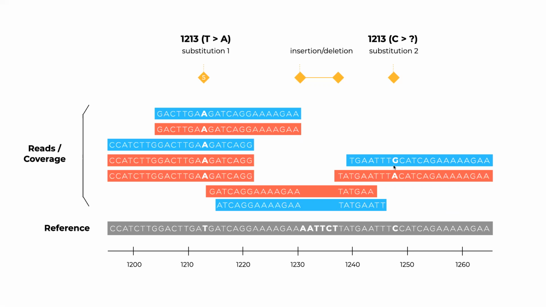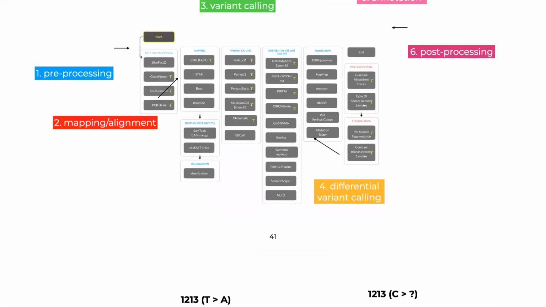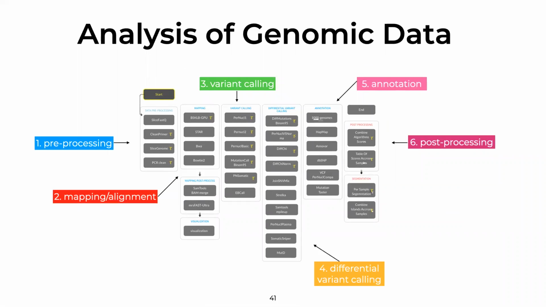For example, we have just 2 reads that show that something is different, but we don't really know what is different. And so when we talk about this process of analysis, it includes multiple steps that have to address this challenge: making sure that the read is properly prepared for analysis, then accurate mapping or alignment to the reference genome, and the ability to call a variant, to really identify the difference between ambiguous changes in the sequence and specific changes that we can rely on.